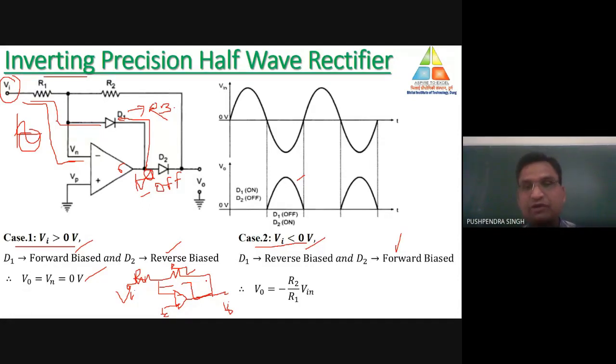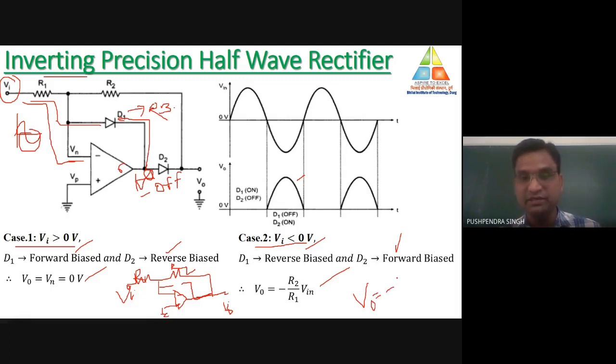And what is the output of the inverting amplifier? Minus of Rf by R1. What is the feedback resistance? Feedback resistance is R2. Input resistance is R1. Then what is the value of output? Output is minus of R2 by R1 into Vin. So if the value of R2 is equal to R1, on that condition, what is the value of V output?